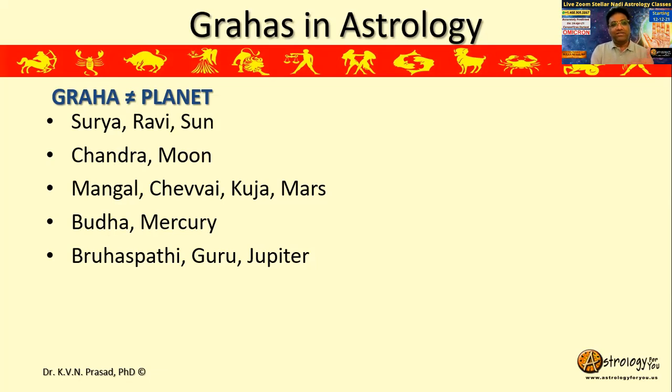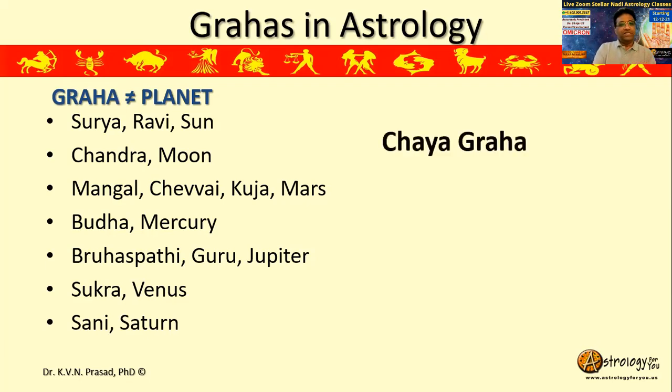Chavai in Tamil, Kuja in Telugu, and in English it is Mars. Buddha and Mercury are the same across all. Brihaspati, Guru, and Jupiter, all are the same. Shukra and Venus are the same. Shani, Saturn. These are the primary 7 grahas we consider.